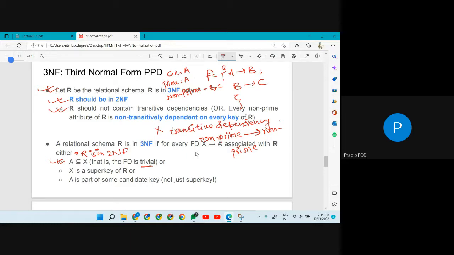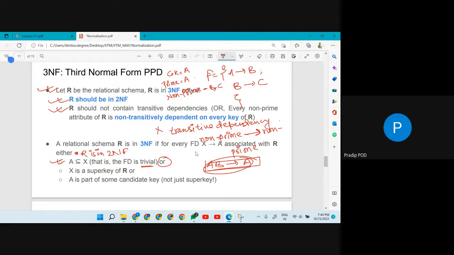Do you know what a trivial functional dependency is? Anyone? Sir, it's like AB determines A. Yes, that is AB determines A. If this kind of functional dependency it has, then we call this in the third normal form. No need to check the other condition, right? So this is already in the third normal form.